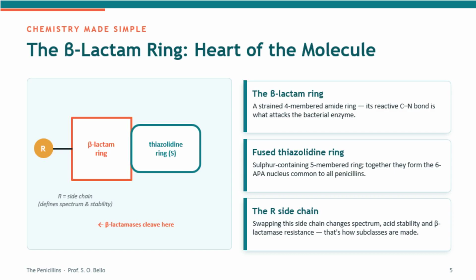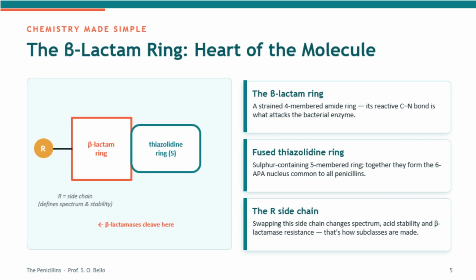Its carbon-nitrogen bond springs open and latches onto the bacterial enzyme we'll meet in a moment. Fused to it in teal is the five-membered thiazolidine ring, which contains a sulfur atom. Together, these two fused rings make up what we call the 6-APA nucleus, the common scaffold of every penicillin.